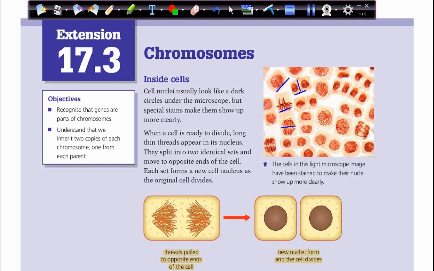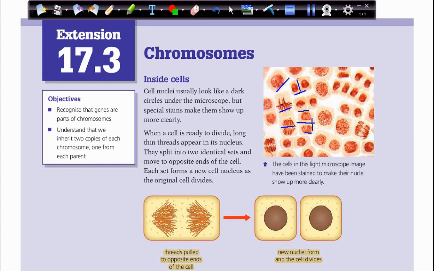These threads split the nuclei, but before this, the nucleus has to copy itself. We said that to divide, it has to copy the nucleus because it has to copy the genes.